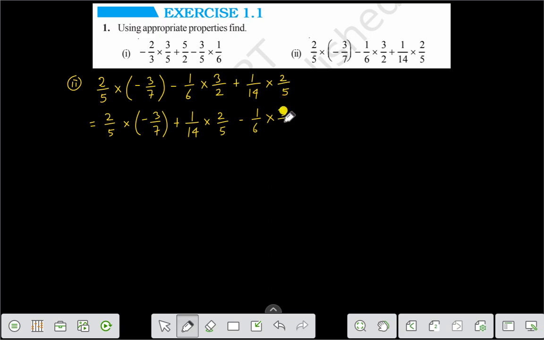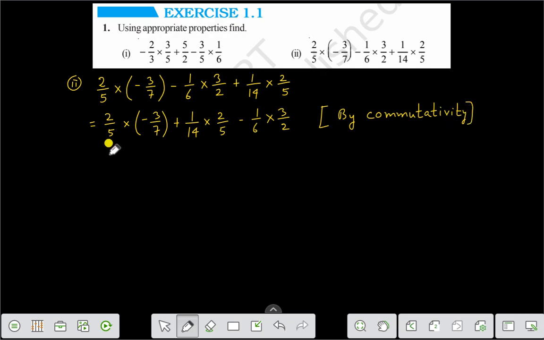Here we have used the rule of commutativity. This is the property of commutativity of rational numbers.